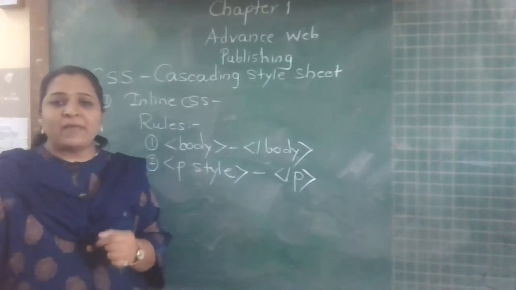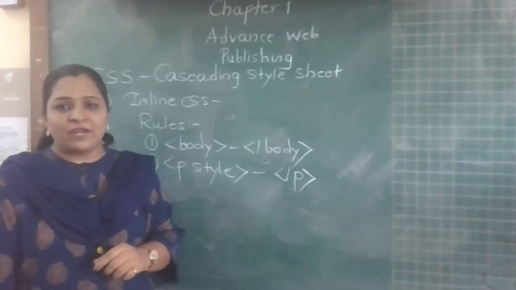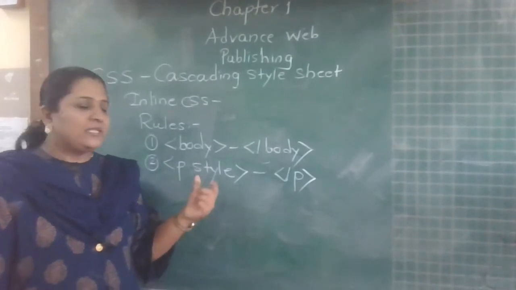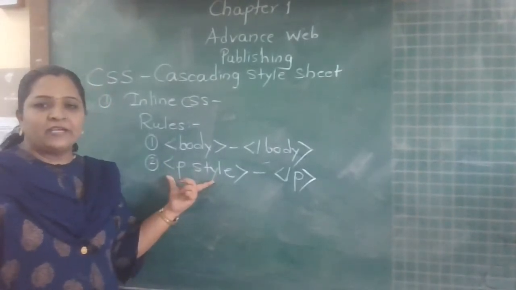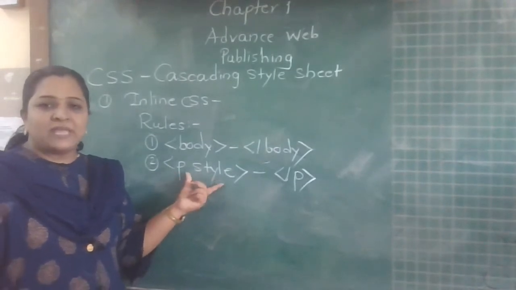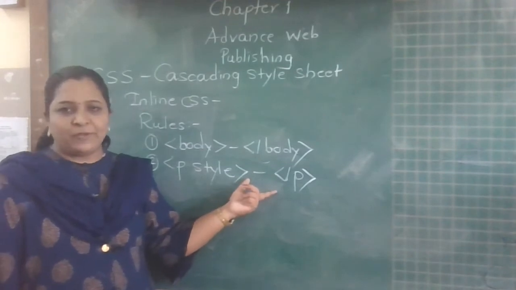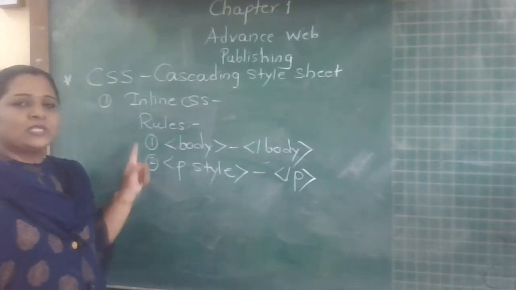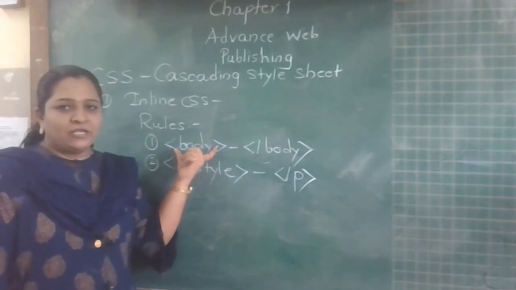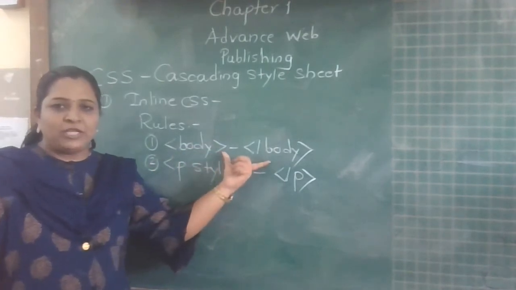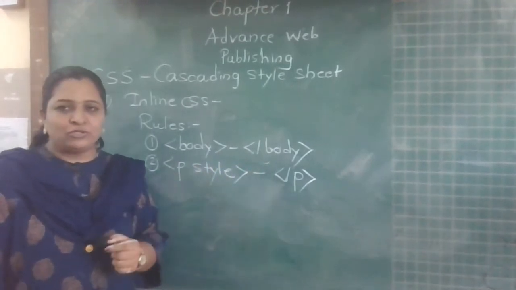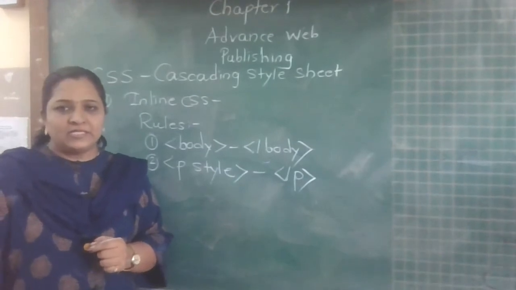You may think that I told a different format for writing CSS, but only for inline CSS you directly use the angular brackets, that is p style, and close it with slash p. So these 2 are the most important rules: it is enclosed within body and slash body, and p style and slash p tag is used to apply the inline CSS.